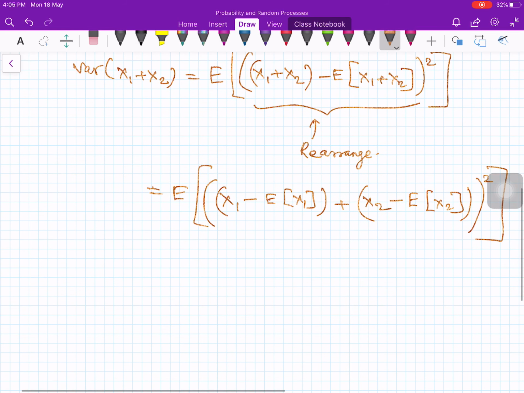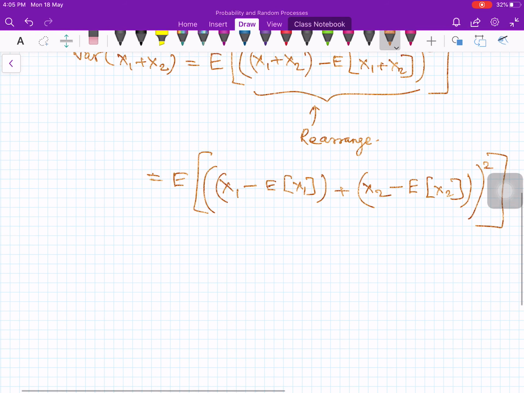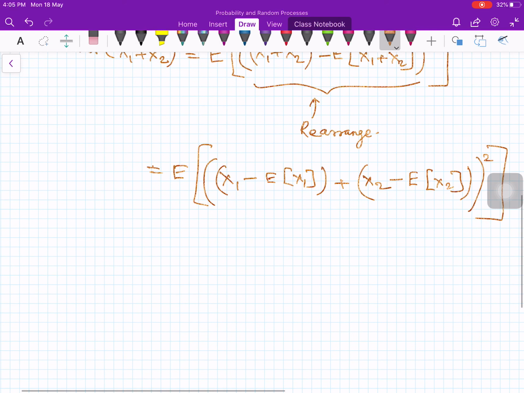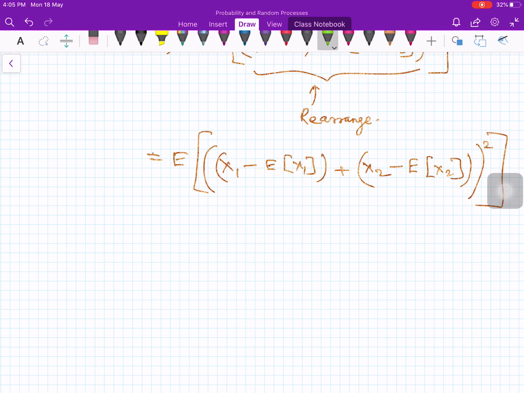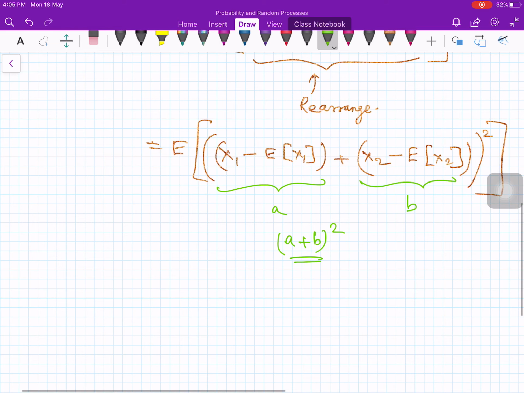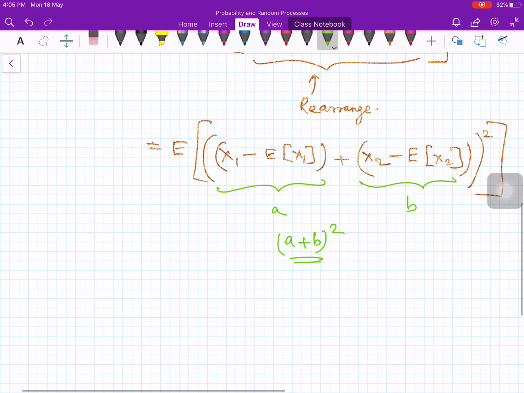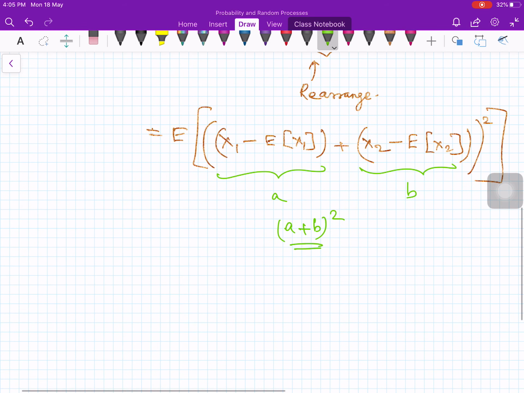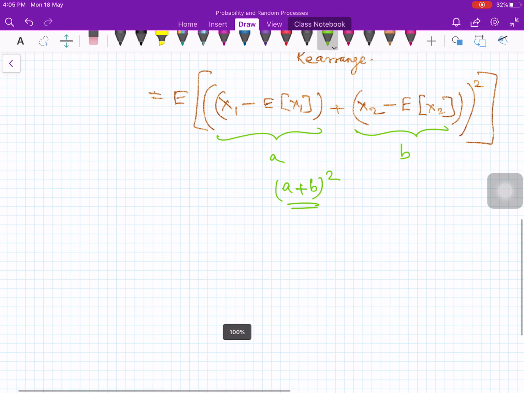Then we have the square of the sum of the two terms. So you can think of this one as a and this one as b. Therefore this looks like a plus b the whole square. So we expand this quadratic to obtain the expected value of the square of the first term plus the square of the second term plus 2 times the cross terms.